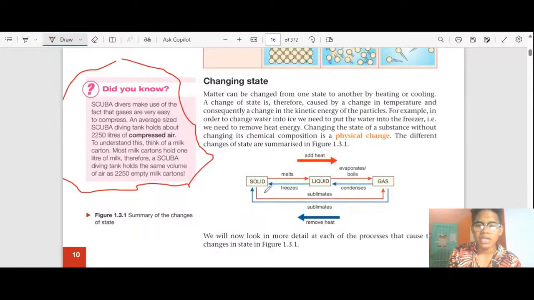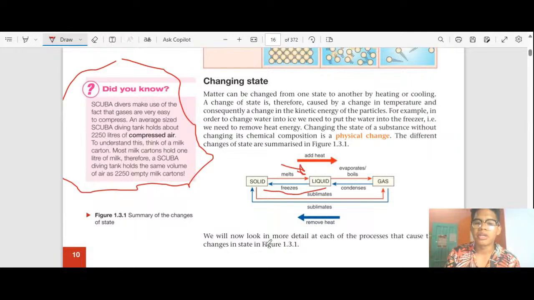So we have liquid to solid, and if you add heat to a solid, it becomes a liquid. And if we draw that right here, yes, right here.